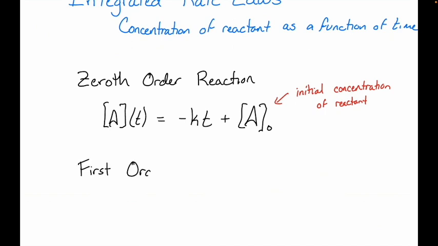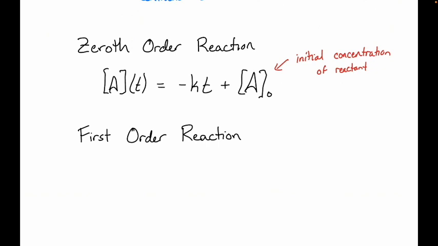For a 1st order reaction, the concentration of A as a function of time is related to the initial concentration of A times that magic number we get in calculus, e to the negative kt. This is what we would call an exponential decay.